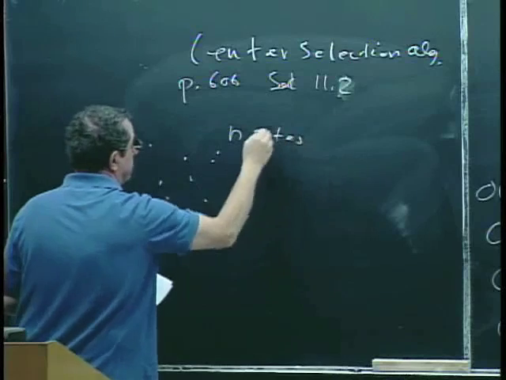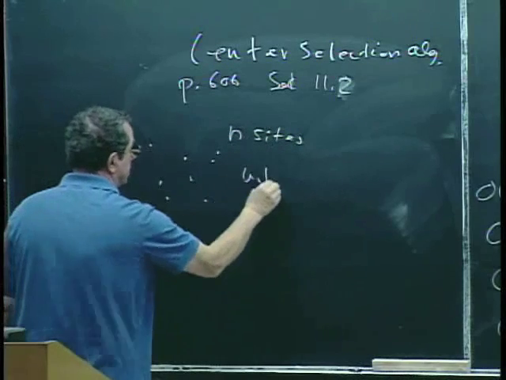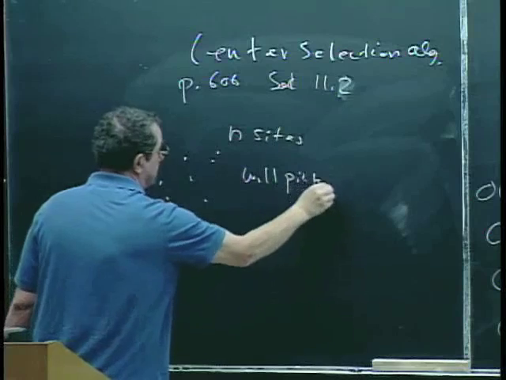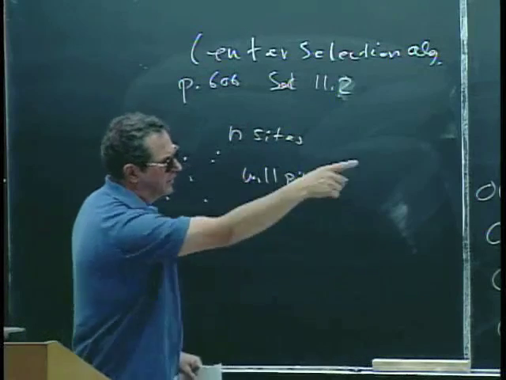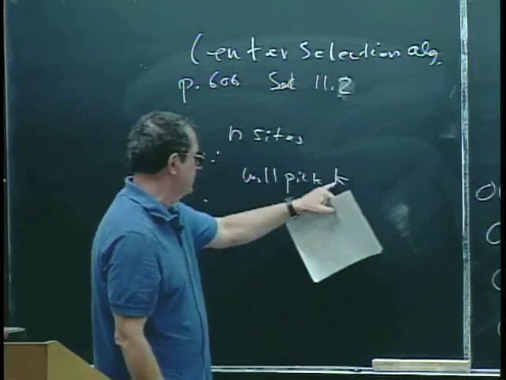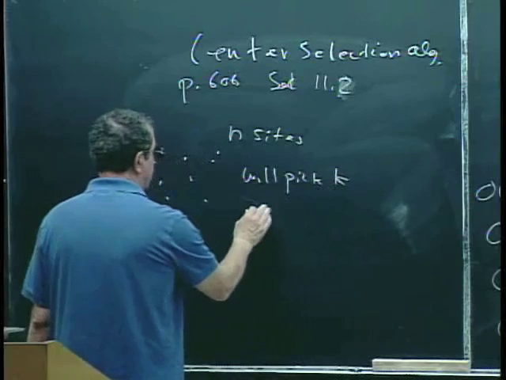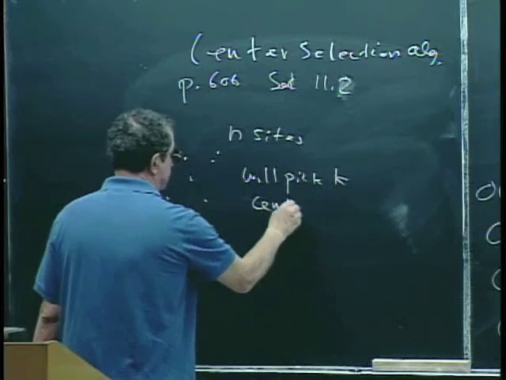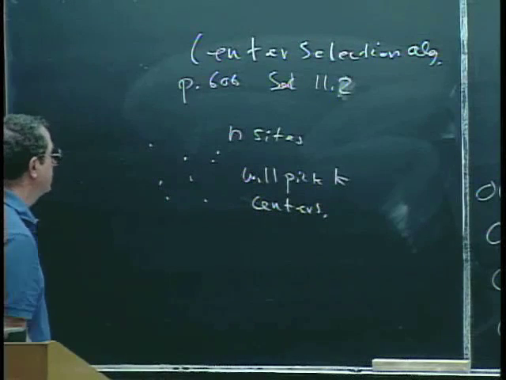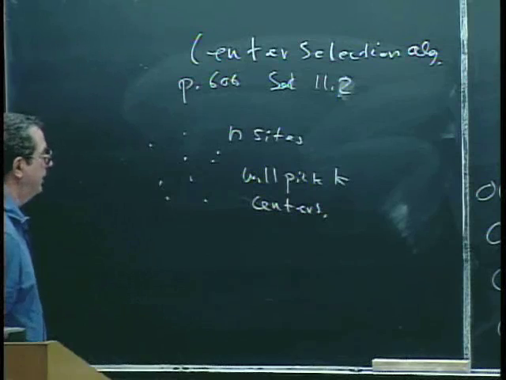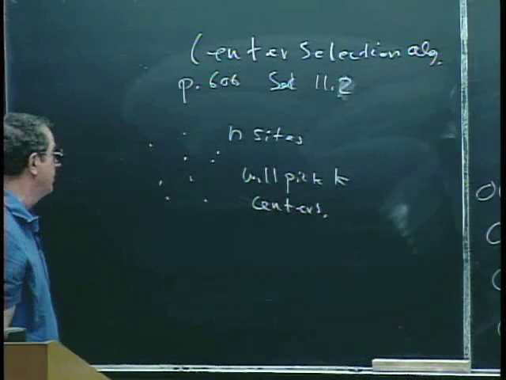You can think of these as cities. And we're going to pick k centers. K is not related to that earlier k, but it's used in this problem. And what's a center? A center could be any point. It doesn't have to be among the sites. It could be any point on the plane.